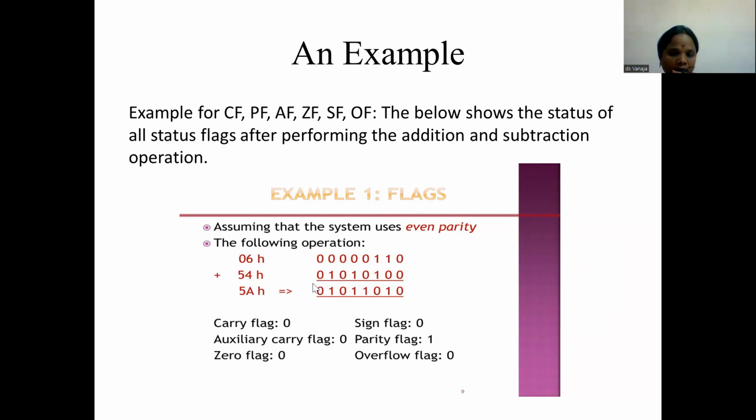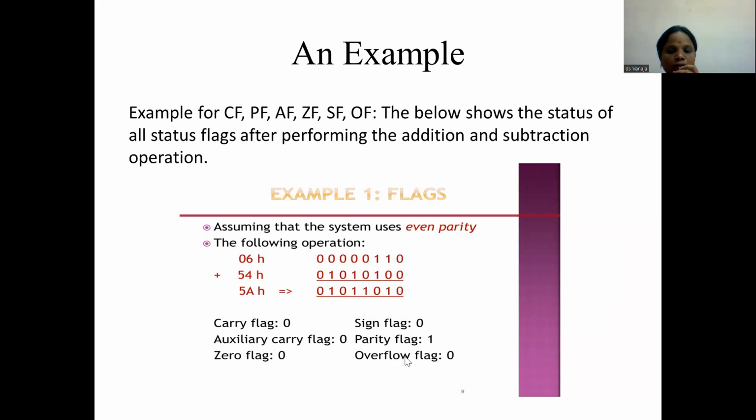The most significant bit, that is MSB bit, is set to 0. That means sign flag is also 0. And count the number of ones in the result. That means 1, 2, 3, 4. So this is an even number of ones. That's why parity flag is 1. And there is no extra bit in the result.